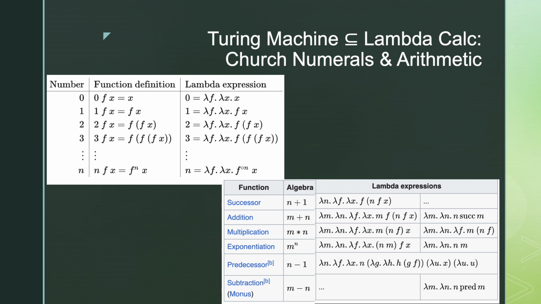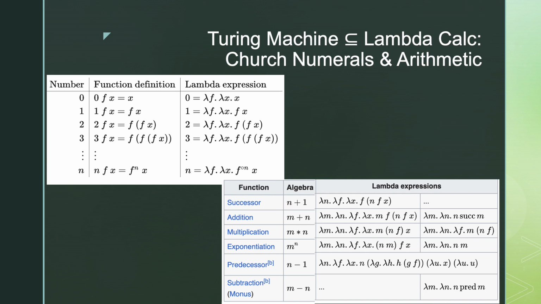So what we're going to do to build a Turing machine within lambda calculus is show that we can build all of its components and then do what lambda calculus does and abstract them more and more until we get to a full-fledged, generic working model of a Turing machine within lambda calculus.